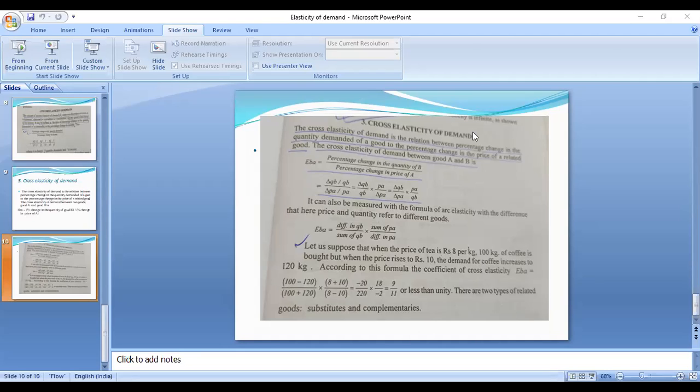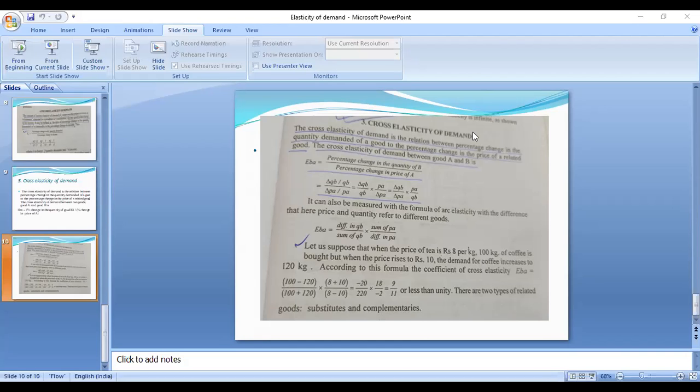Commodity A's price is 120, and B's quantity demanded is 55 kg.